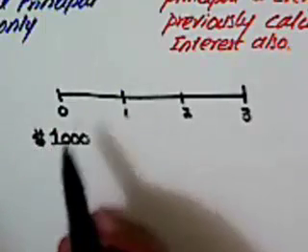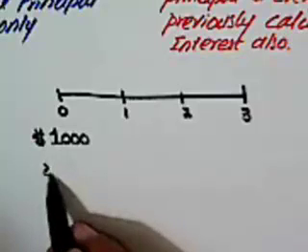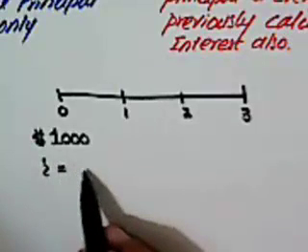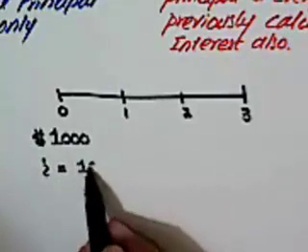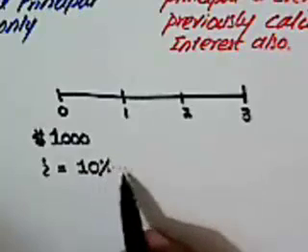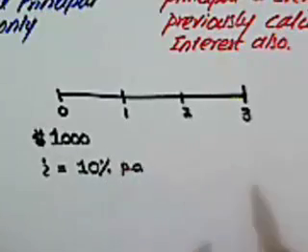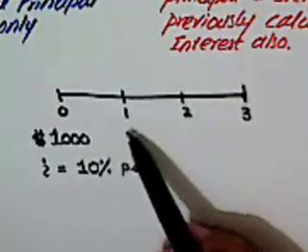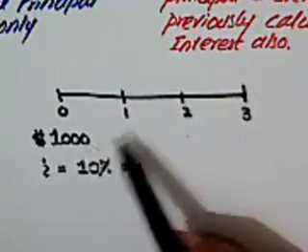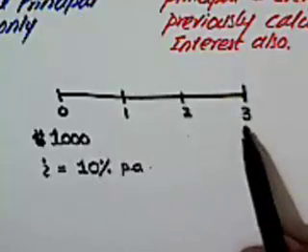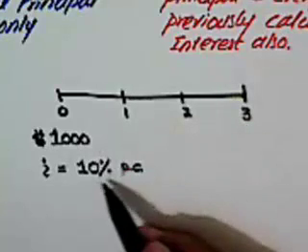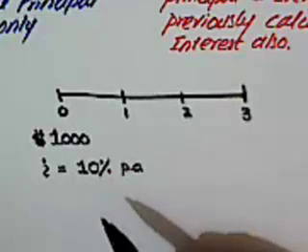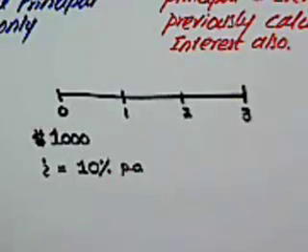And the annual rate of interest is, for example, 10% per annum, and we want to know, if we continuously charge this 10% per annum yearly, how much this 1,000 would become at the end of third year, provided that this 10% is simple interest.